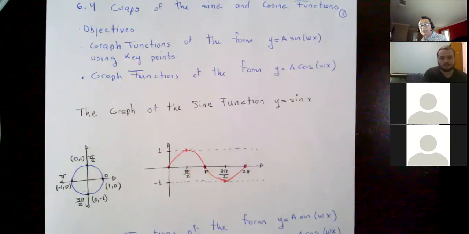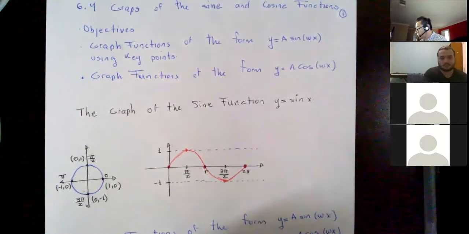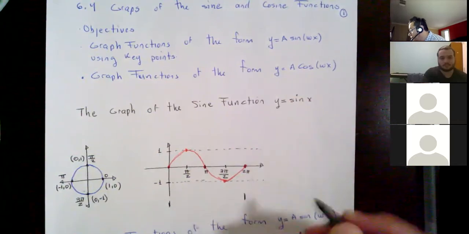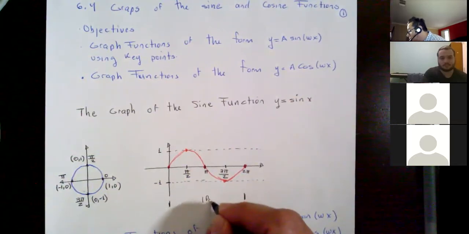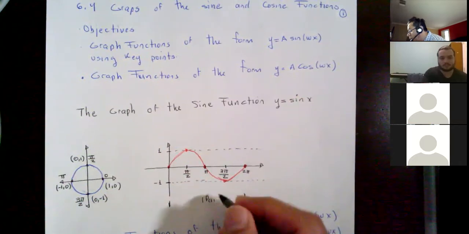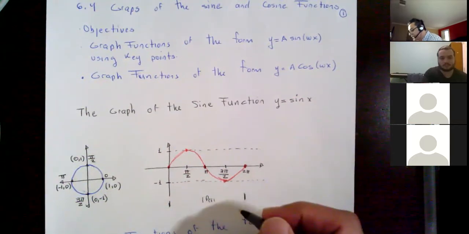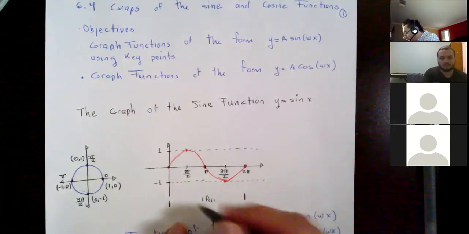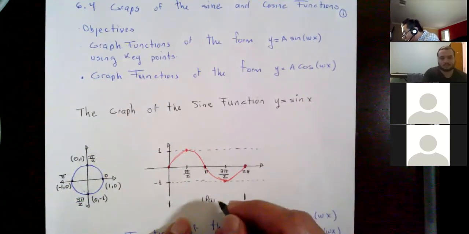But remember, this is just one period. One period is 2 pi. So from here to here is one period. Also, it's one cycle, by the way.